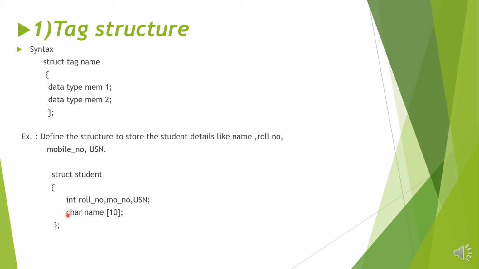So we have declared the member variable char name with size 10. Here the name is a character array which can hold a maximum of 10 characters. Then we close the structure and put a semicolon. This is how you can define the structure using the first method, called tag structure.